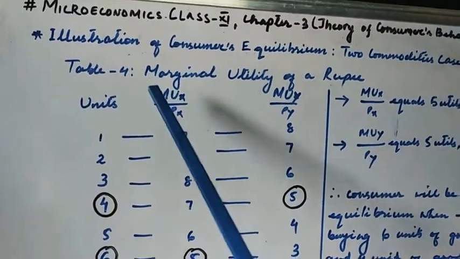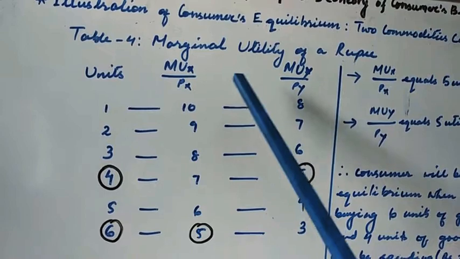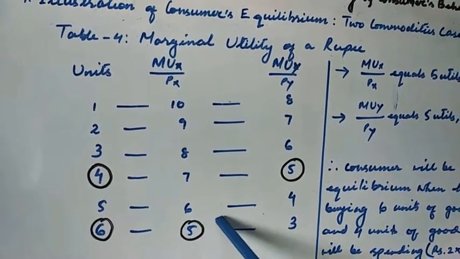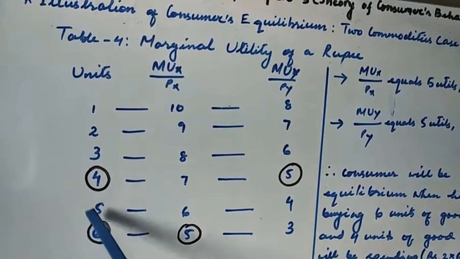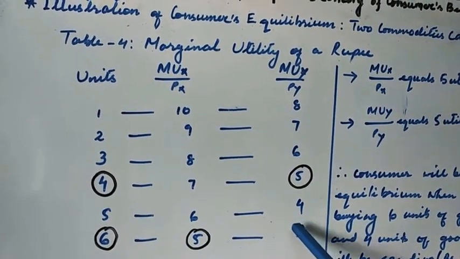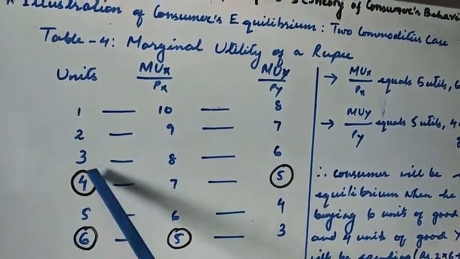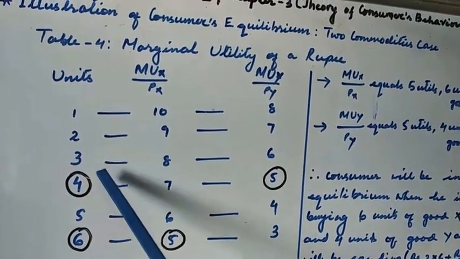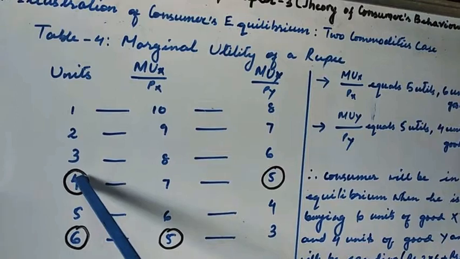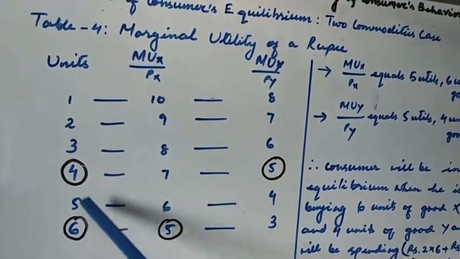By looking at Table number 4, what can you observe? It becomes clear that MUX/PX is equal to 5 utils when he is consuming 6 units of good X. And again, MUY/PY is equal to 5 utils when he is consuming 4 units of good Y. By consuming 6 units of good X and 4 units of good Y, he is spending his total money income, that is rupees 24. 6 twos are 12, 4 threes are 12.